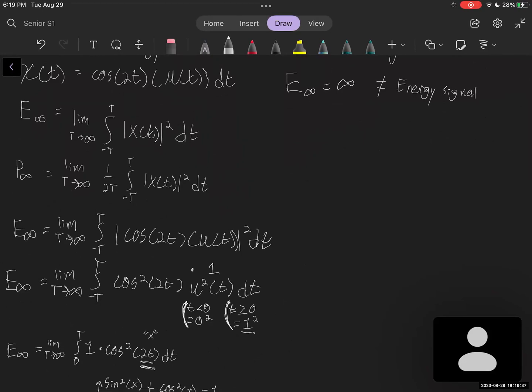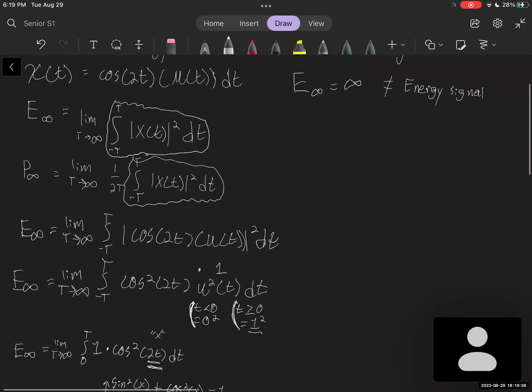And this is made easier because we've already evaluated our energy, because this part of the equation is identical. So we can substitute in our equation for energy.